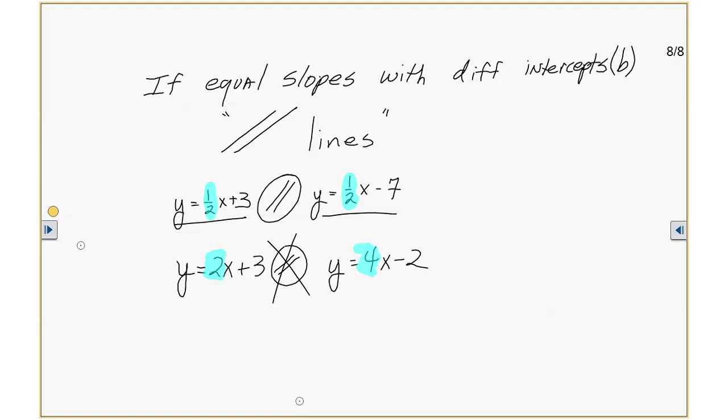And then what are the rules? Finish the last two rules. I'm going to make this a little bit smaller.